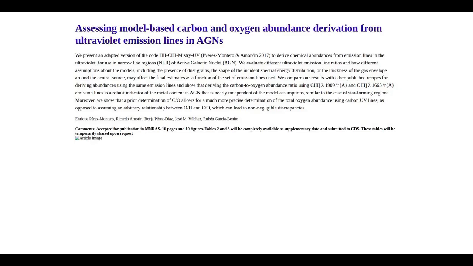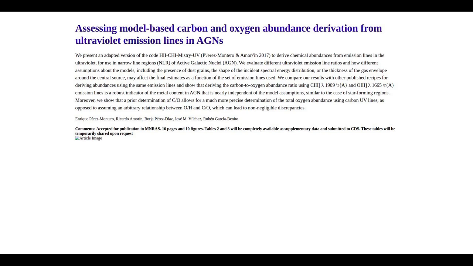Next article. Assessing model-based carbon and oxygen abundance derivation from ultraviolet emission lines in AGNs. We present an adapted version of the HII-CHI-mistry UV code to derive chemical abundances from emission lines in the ultraviolet for use in narrow line regions of active galactic nuclei.